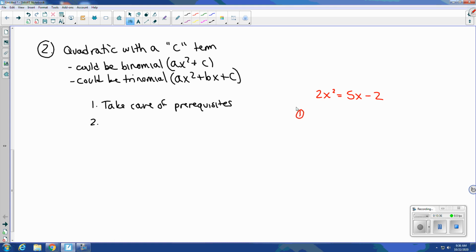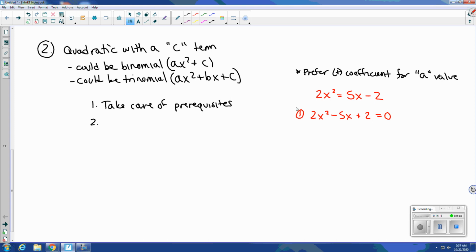That would include me moving this thing all to one side of the equation, so it's set equal to 0. So I'm going to move the 5x and the 2 to the other side. I prefer to have a positive number in front of the squared term. So that's a preference thing. So prefer a positive coefficient for a. So for our a value in standard form, I prefer it to be positive.